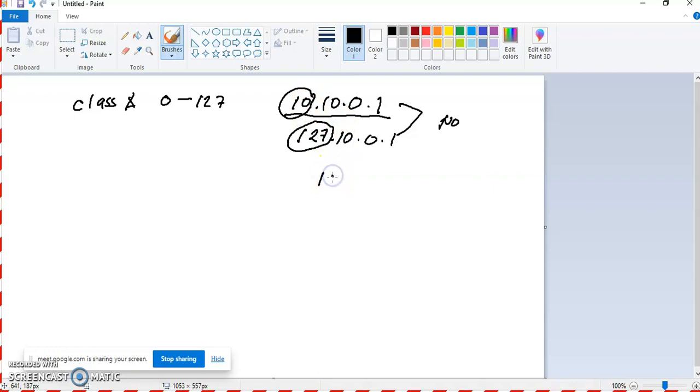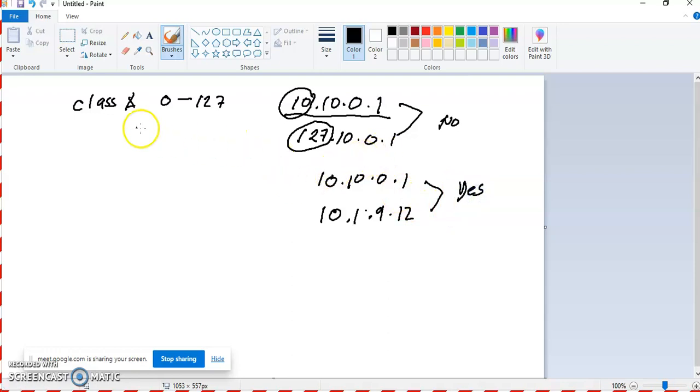if I write it like this, 10.0.1, and I have another network ani na router 10.1.9.12, for example. Do they belong to the same network? The answer is yes.